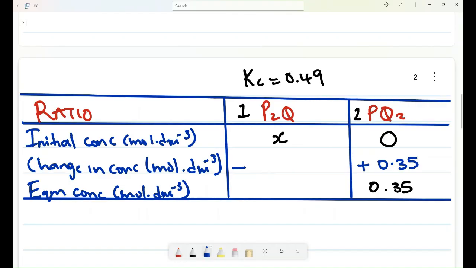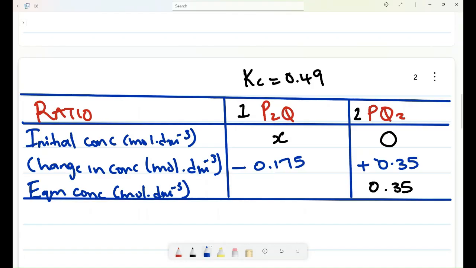If we formed 0.35 moles of PQ2 and with a mole ratio of 2, how much of P2Q did we use? So it is one of this, meaning it is half of this that we use. So it means something like 0.175, if I'm not mistaken.